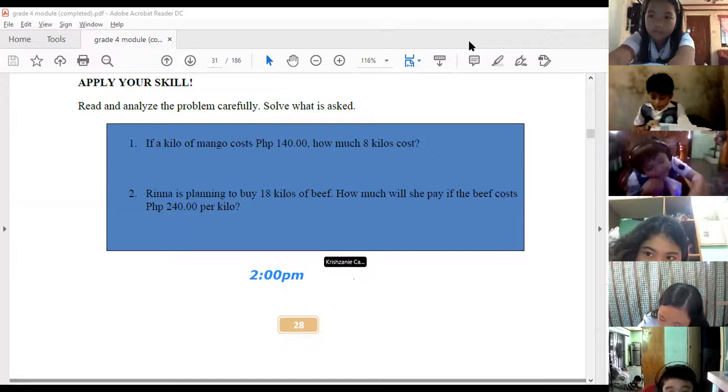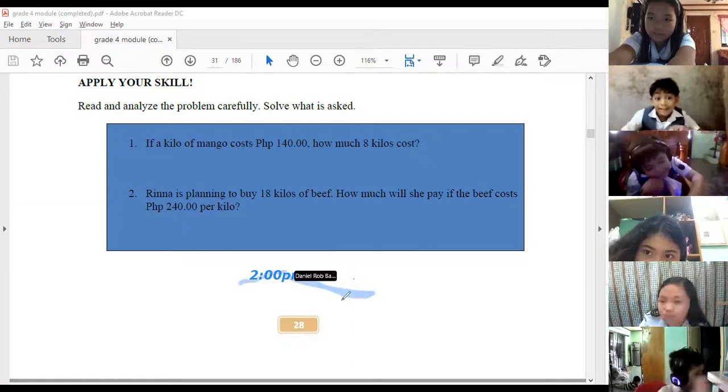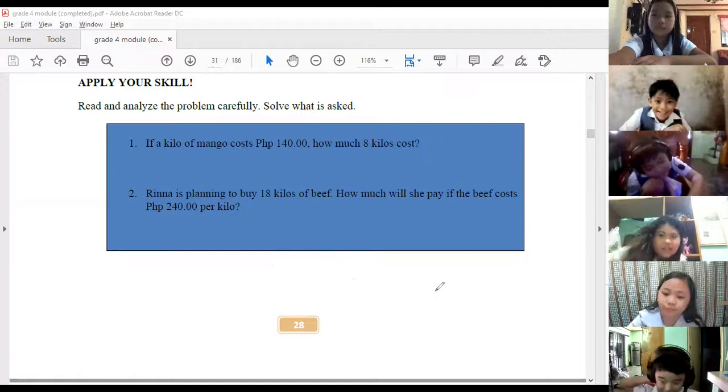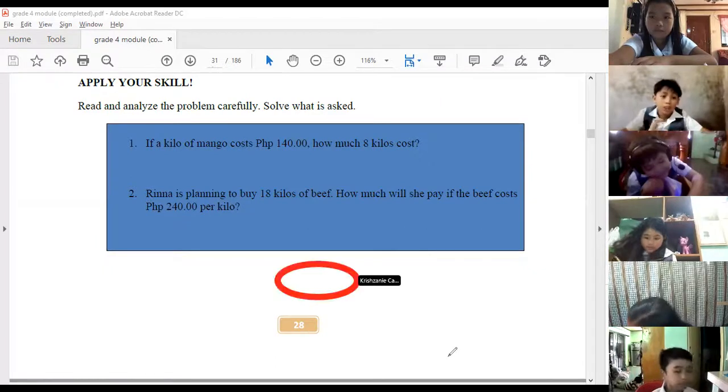It's on page 28. There's no need to copy kasi andyan na sa modules nyo. I will not copy anymore.